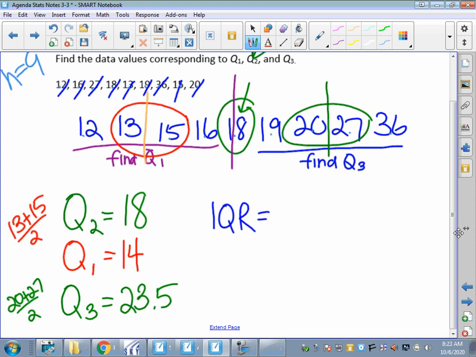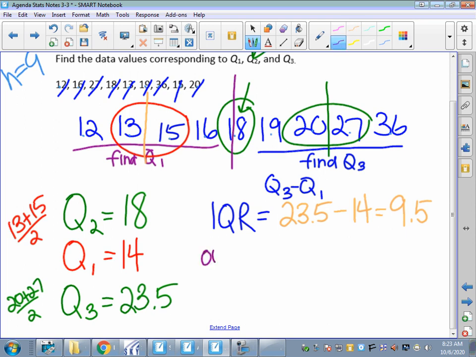IQR is equal to Q3 minus Q1. So I'm going to do a 23.5, subtract the 14, and that's going to be, what is that, like a 9.5 maybe? So I've identified our IQR.